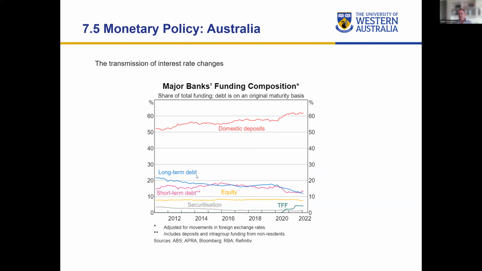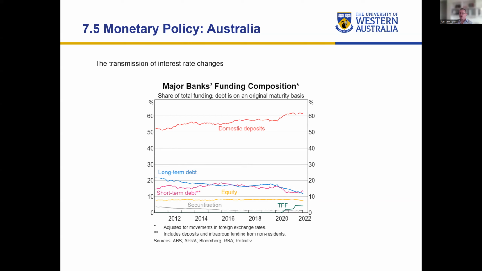What about long-term debt, though? What is the correlation like between the cash rate and interest rates on long-term debt? We know it's very weak. We've seen the data. We've seen situations in this course where short-term interest rates have been falling, but long-term interest rates have been rising.